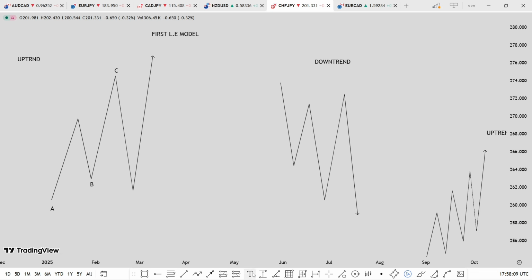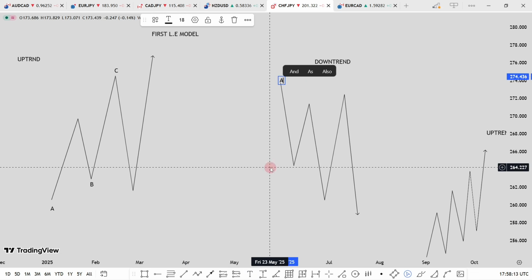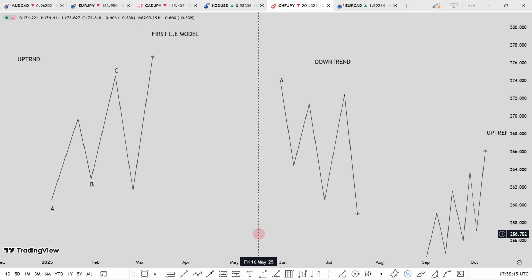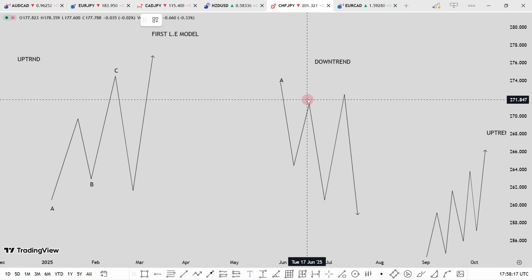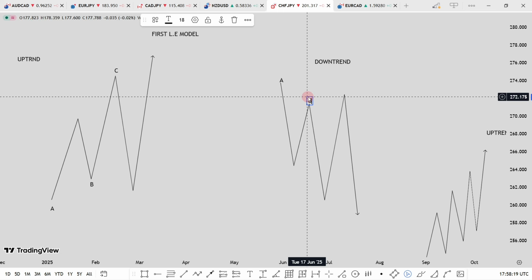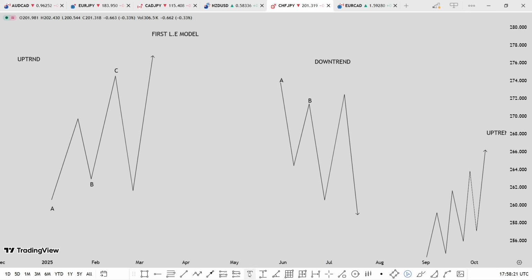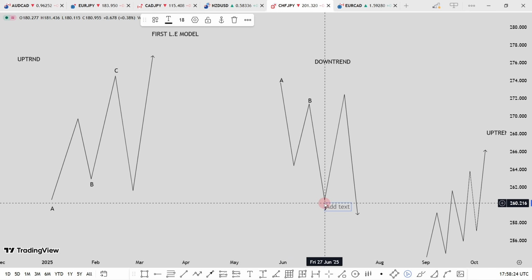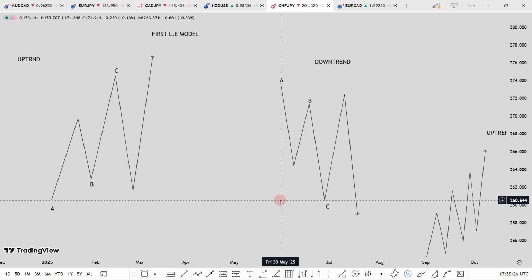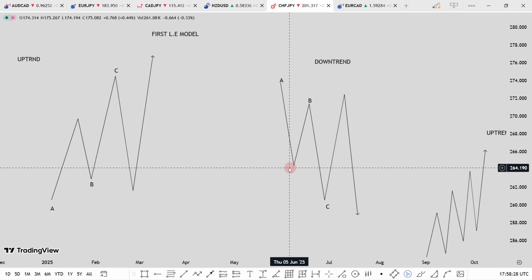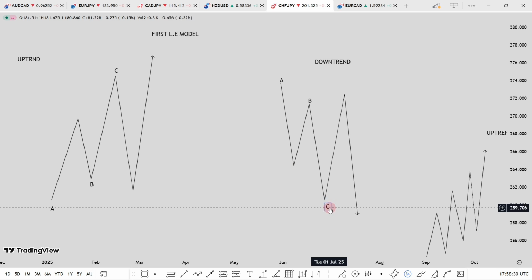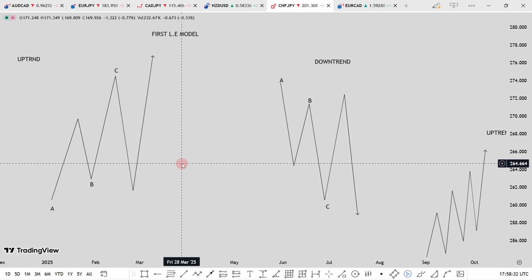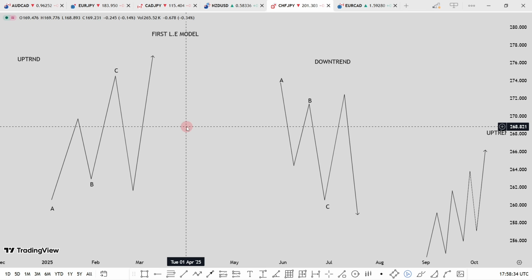So here, this becomes our A level, this becomes our B, and then here, this becomes our second turning point, moving downwards. This is our first one. So that's essentially the first L.E model.